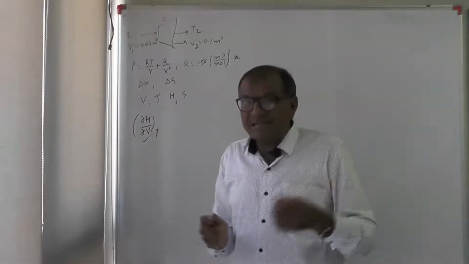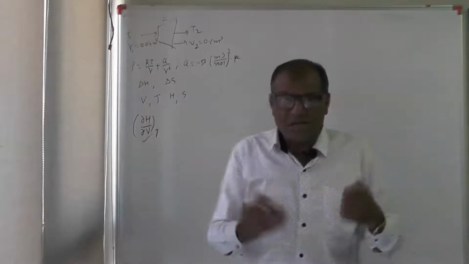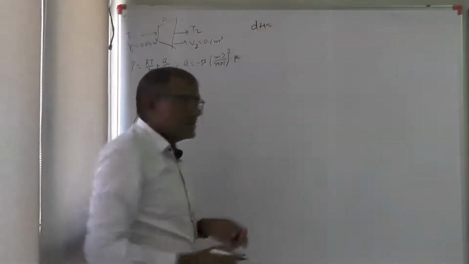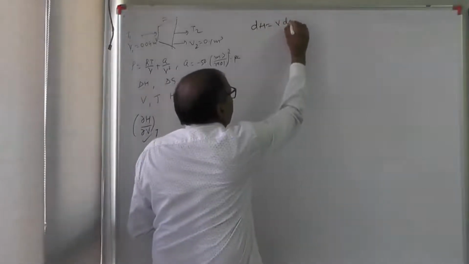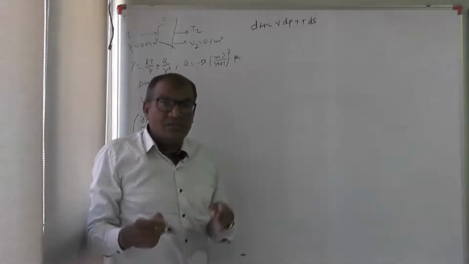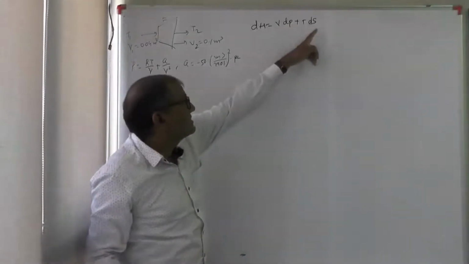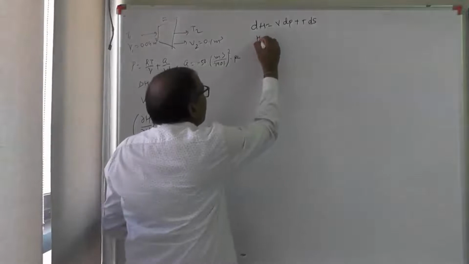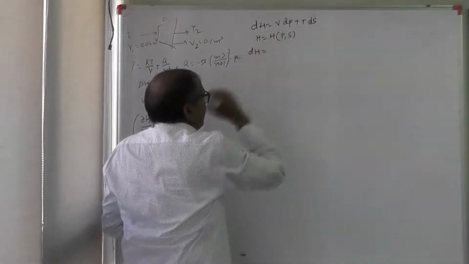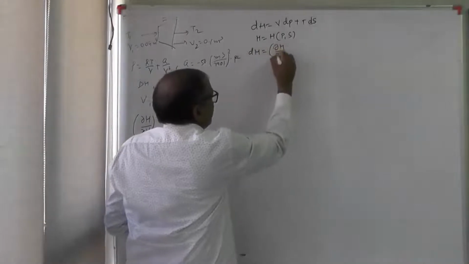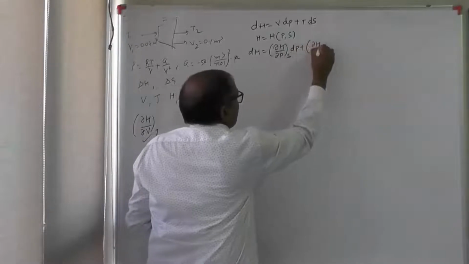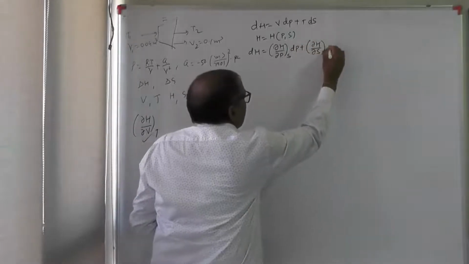Okay, let's start with the fundamental property relation. You know the property relation of enthalpy, that is dH equals V dP plus T dS, and if I write enthalpy as a function of two parameters, P and S, I can take the differentiation: dH equal to del H over del P at constant entropy plus del H over del S at constant pressure.